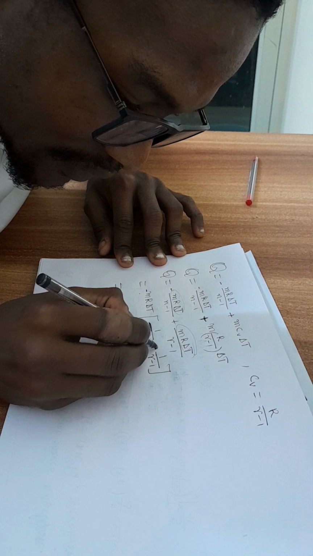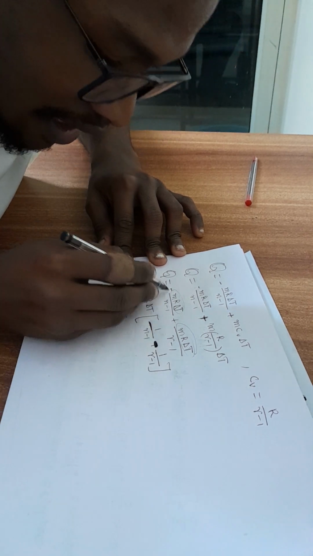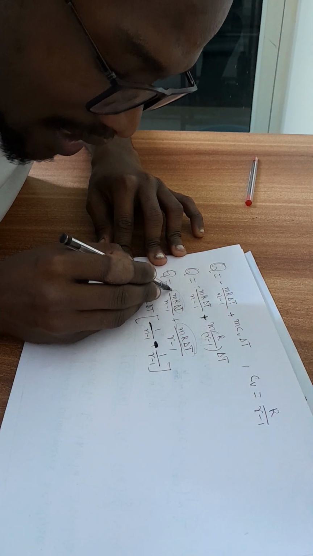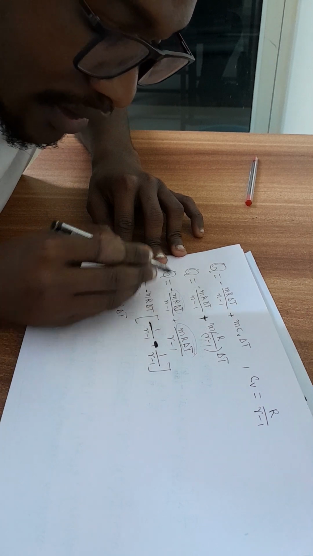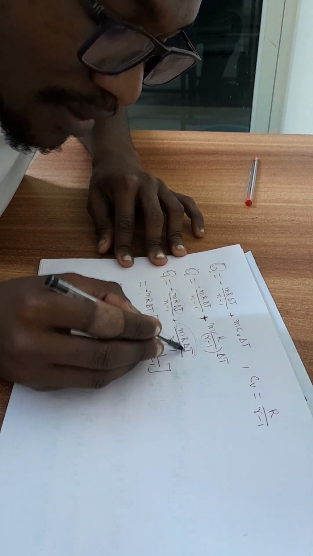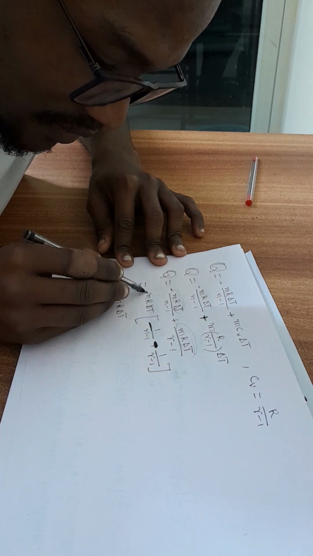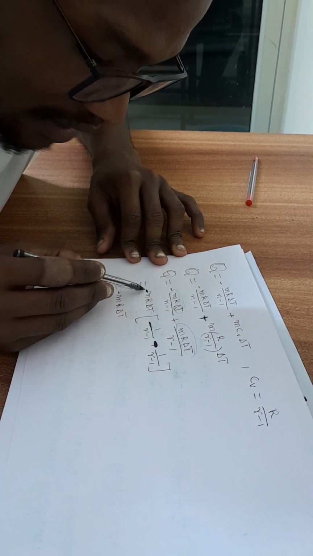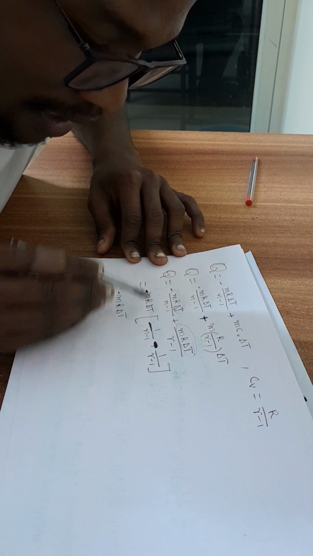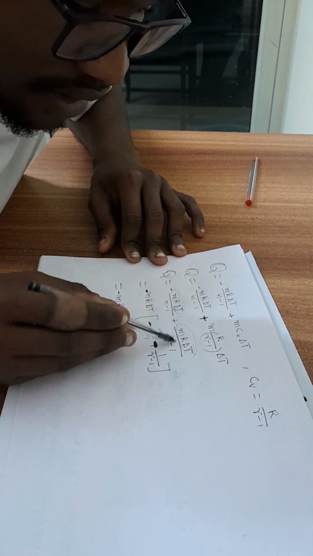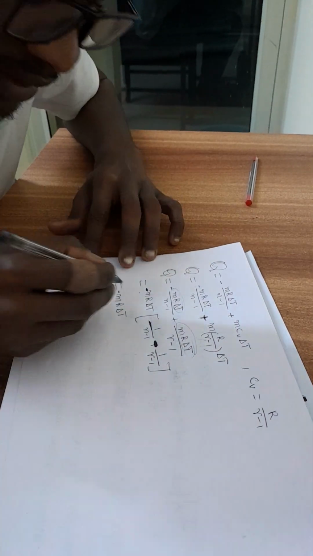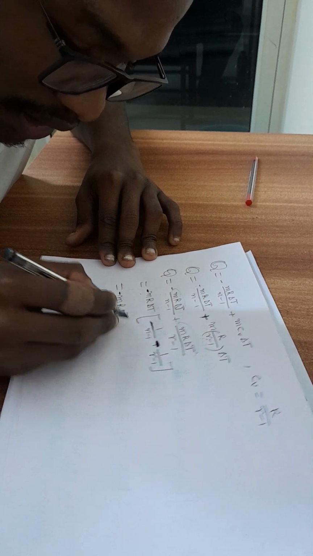If you flip the sign of this and this, this will be minus and this and this will be positive. It will go back the same. This will be minus mRT.